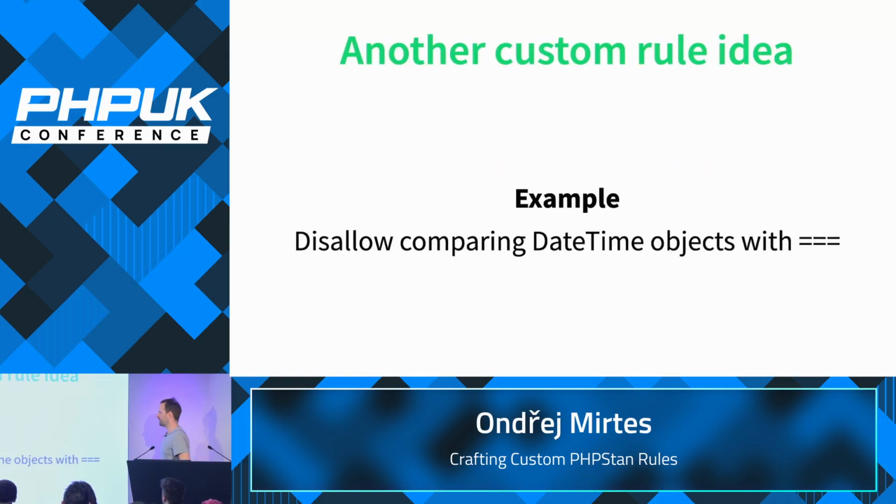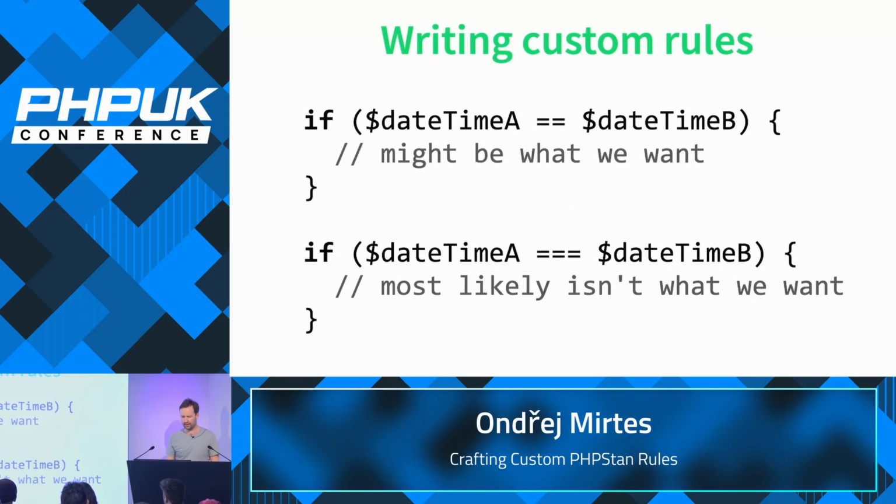I have another idea for you, which is about disallowing comparing datetime objects with 3 equal signs. So datetime is one of the classes where this can actually be okay, because PHP implements comparing these two classes together, so you can actually compare them with 2 equal signs, and it is going to return true if they represent the same time down to microseconds.